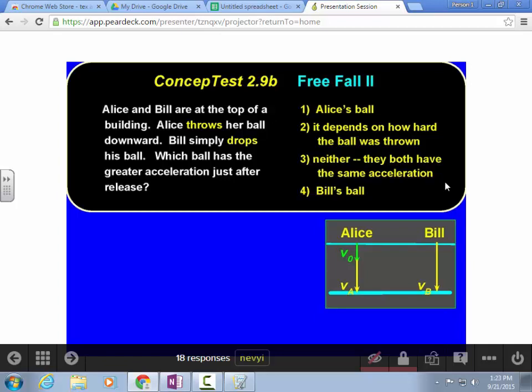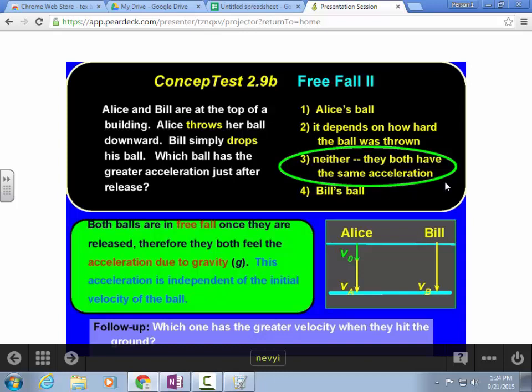Although the ball that Alice throws starts off with a greater velocity, it's accelerating at the same rate as Bill's ball, meaning that the rate with which velocity changes is the same. It turns out the reason is that both of them are acted on by the same force, which generates the same acceleration, namely that of gravity.